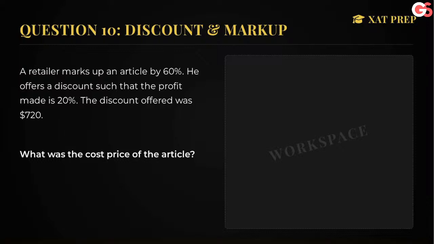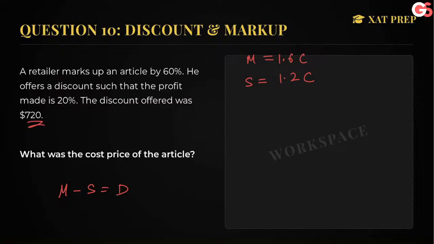चलो, let's solve this. Question number 10. A retailer marks up an article by 60%. He offers a discount such that the profit made is 20%. So the mark price, if I assume it to be M, it is 1.6 times C. Profit made is 20%, so the selling price is basically equal to 1.2 C. And the discount is the mark price minus selling price, which is 720 in this case.